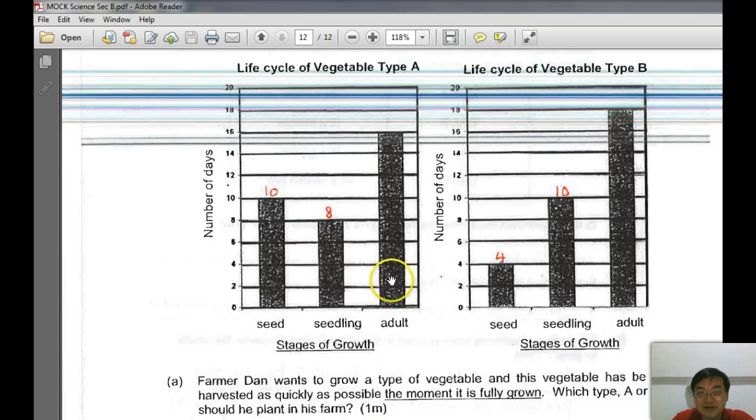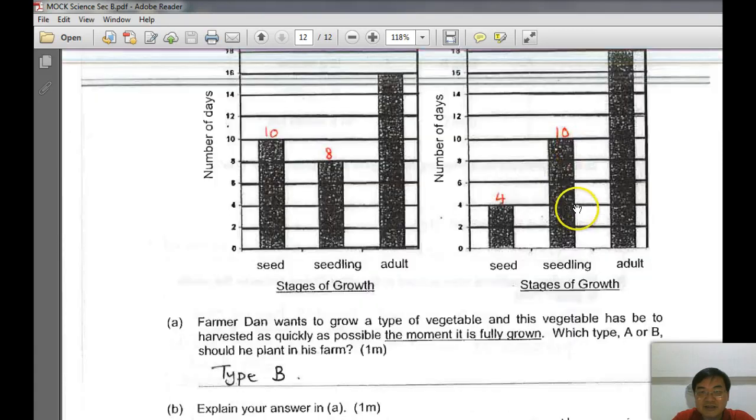Let's start from here, okay, before it goes up to those days over there. Now once this one takes 10 plus 8 to become 18 days to become an adult. For this is 4 plus 10. All right, let's take a look.